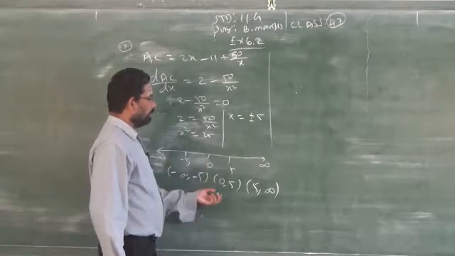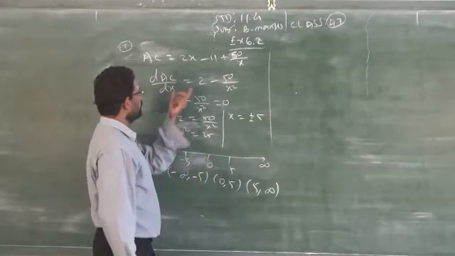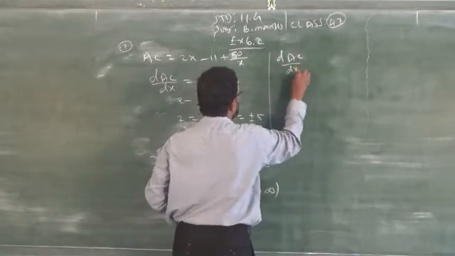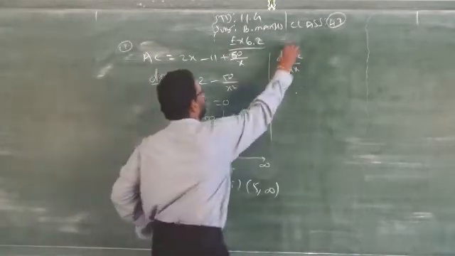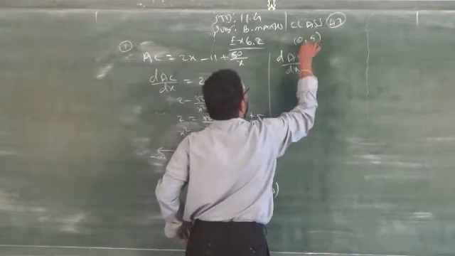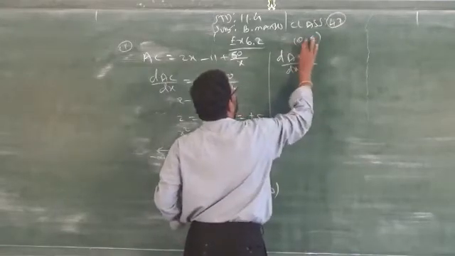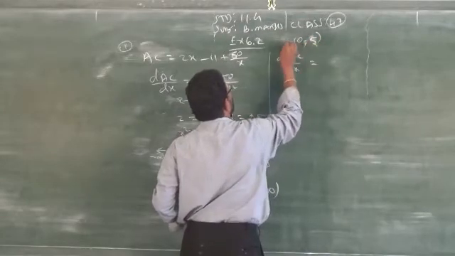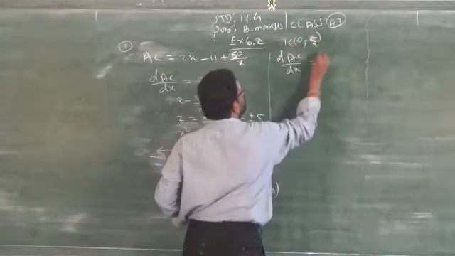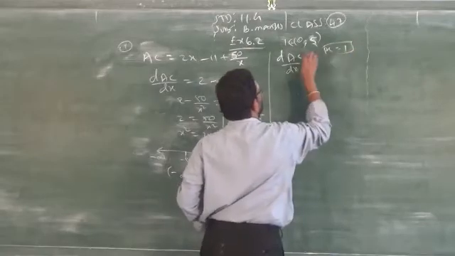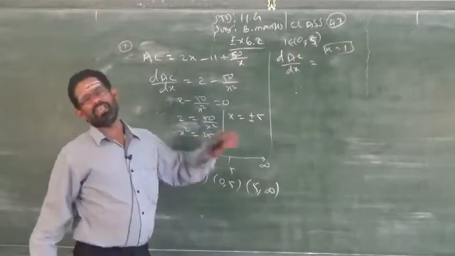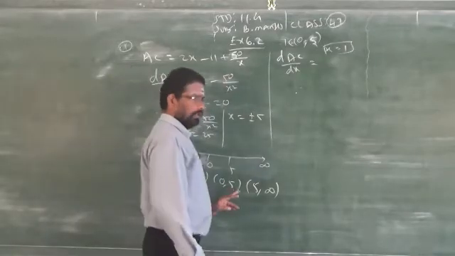Substitute it in the first order, that is dAC/dx. I am taking 1. So when x is equal to 1, I take x is equal to 1 from this interval, because 0 to 5, 1 is available. You take any number, your wish, but don't take 6.